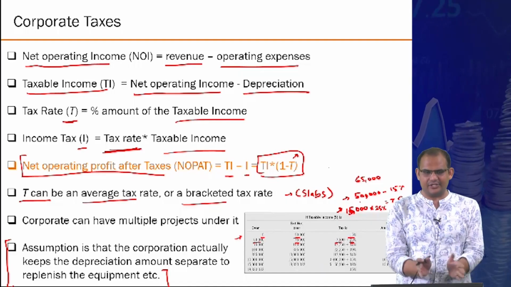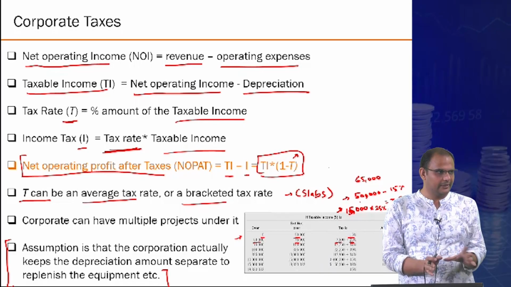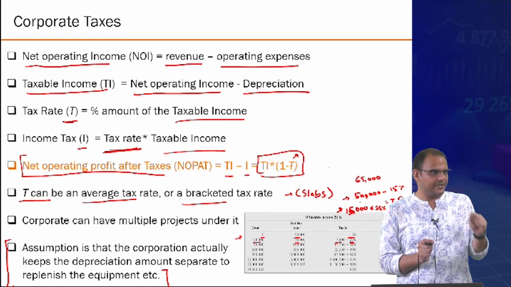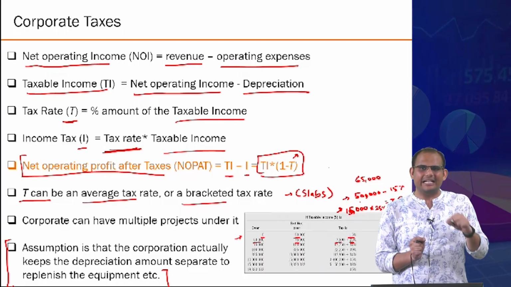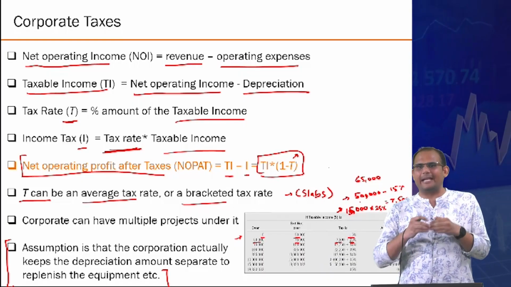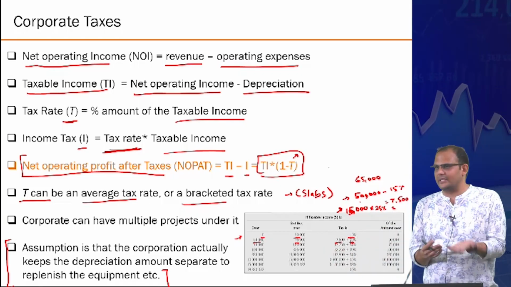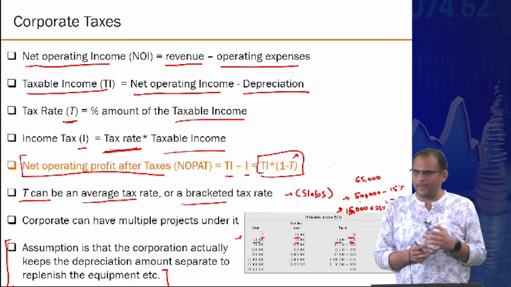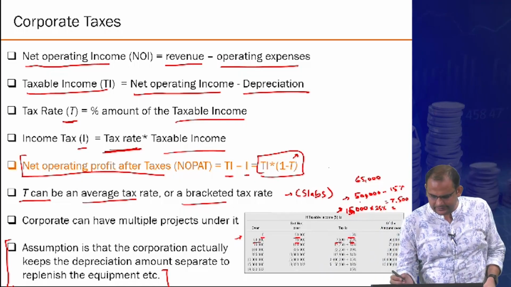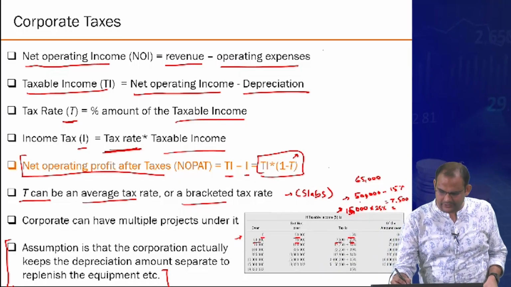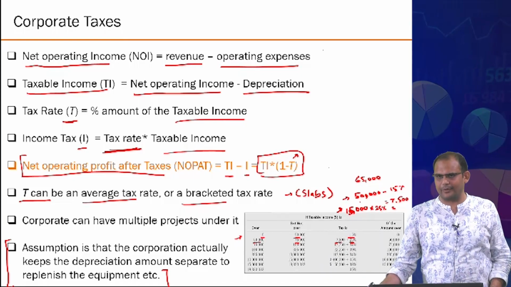So in the taxation system of a corporate, depreciation is considered a real cash flow, money that you have kept aside in order to replenish your asset once the requirement comes. Therefore, this kind of formula works out and this is the calculation, okay?